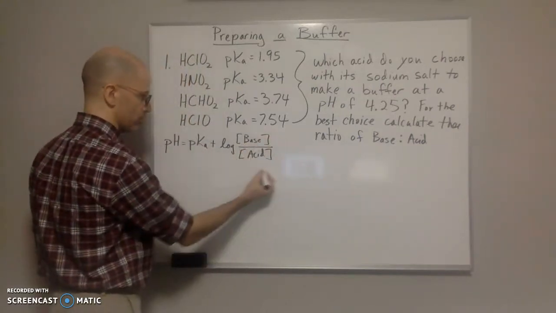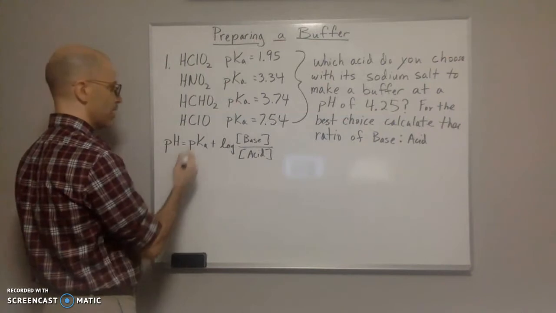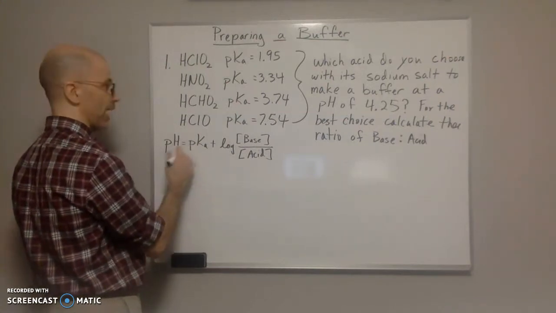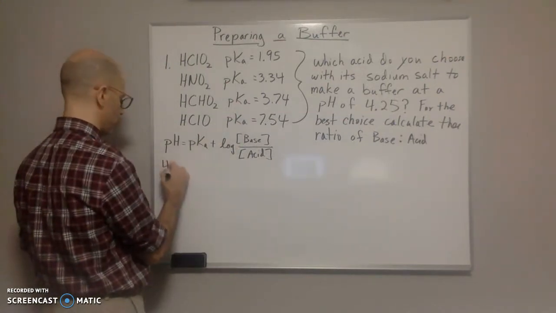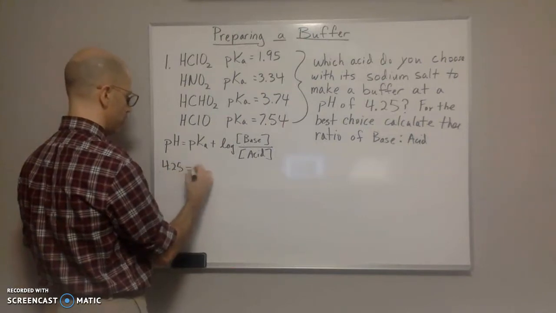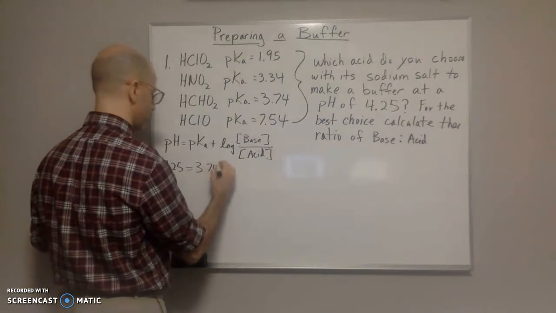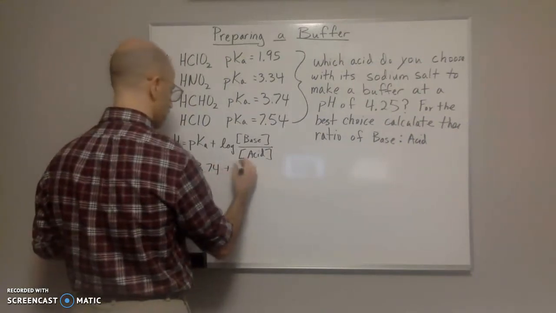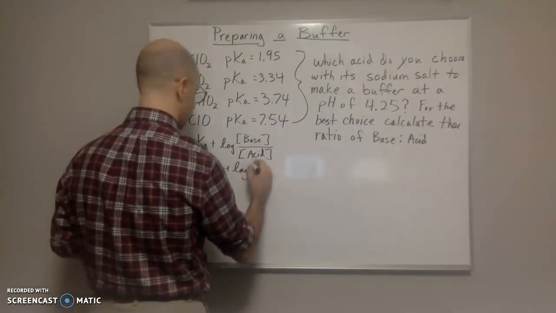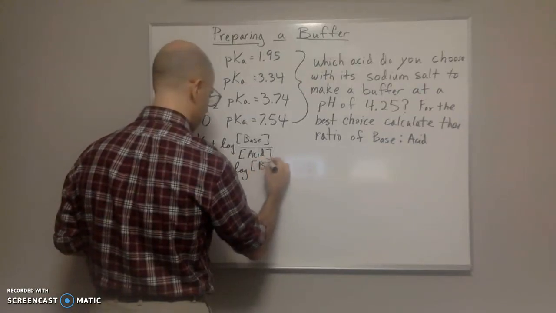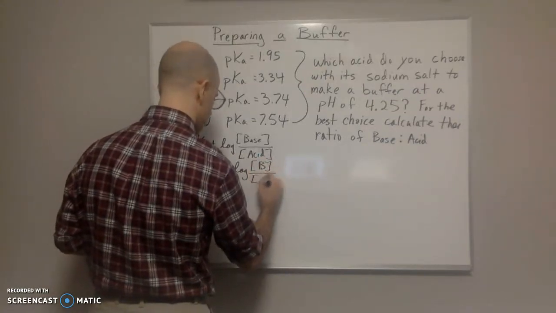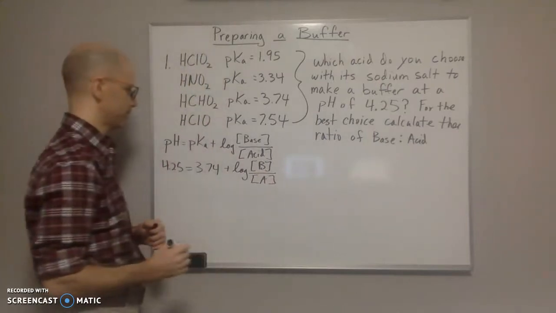And so all we need to do is solve for this. We have the pKa, we have the pH. pH is 4.25 is equal to, and the pKa is 3.74 plus the log of the concentration of base over the concentration of the acid.